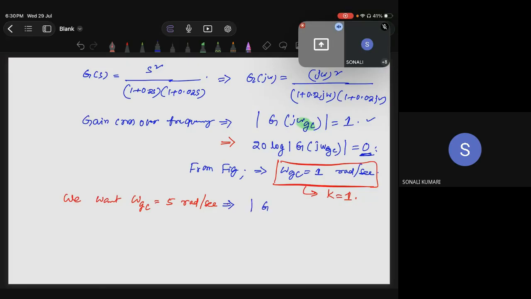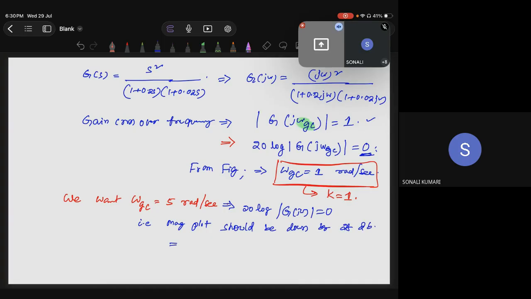At that point, our 20 log of G(j omega) should be 0, correct? So the magnitude plot should be down by 28.